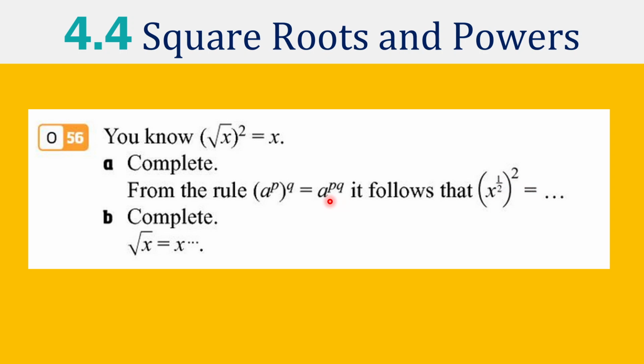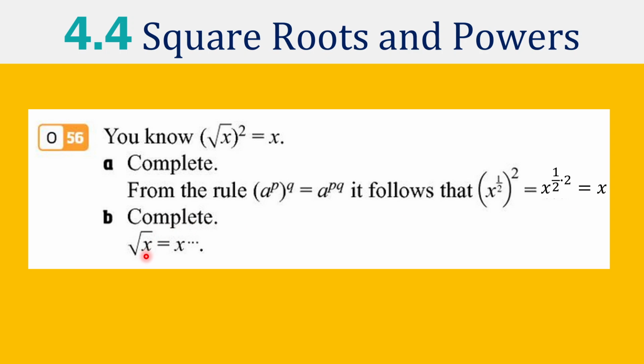The rule states if I have a power to a power, I multiply the exponents. Here the exponents are a half and 2. So here I multiply a half and 2. That gives me 1, which goes back to giving me just x, right? But there is another thing, that when I square it, becomes just the original number again.